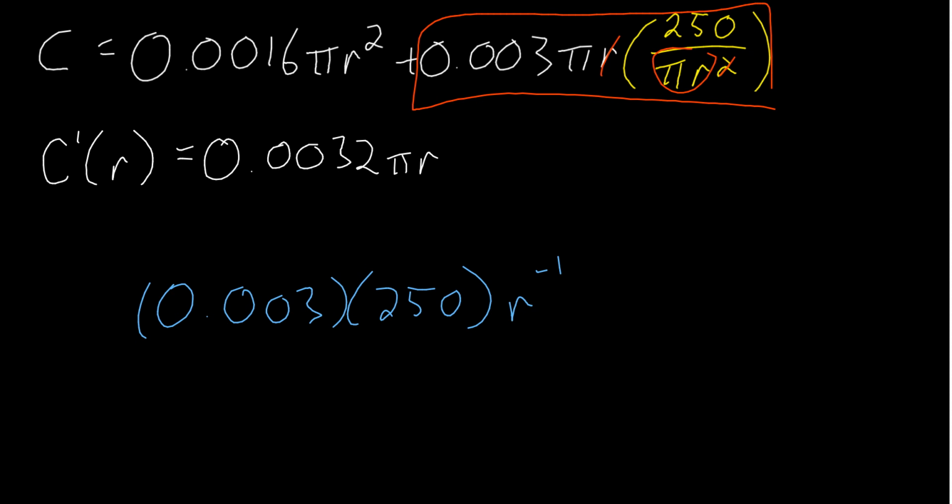So I end up with, what is 0.3% of 250? Let's do that. 0.75. So we end up with a plus 0.75, and then that r turns into an r squared. It's also a negative up here.